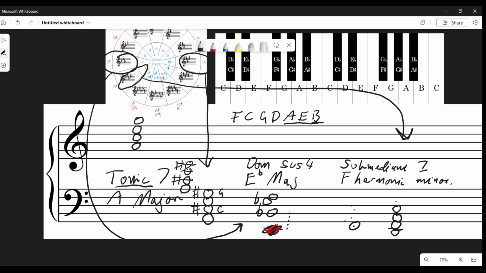So I've got 1, 2, 3, 4 now. Does that impact any of those notes? Yes. Which ones? I've got a D flat. Got an A flat. But F doesn't need to be flat and C doesn't need to be flat. Are we happy with that so far?